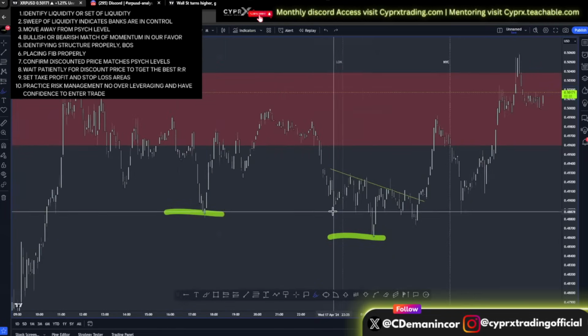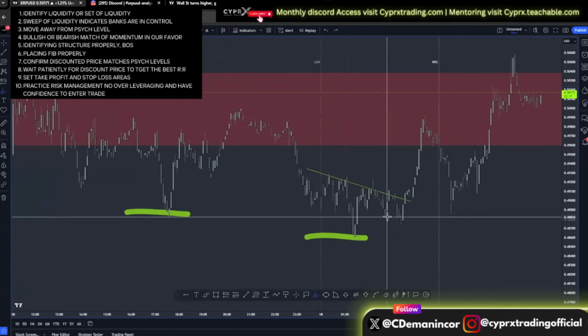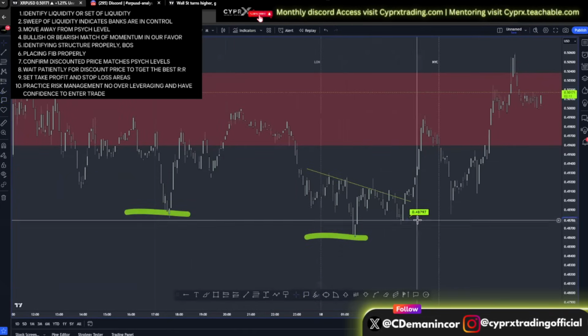Now, number three, gathering more of the confluences, we want to confirm that price is moving away from major psychological levels. In this case, because we're trading XRP up against the United States dollar, we're looking for the quarter theory.